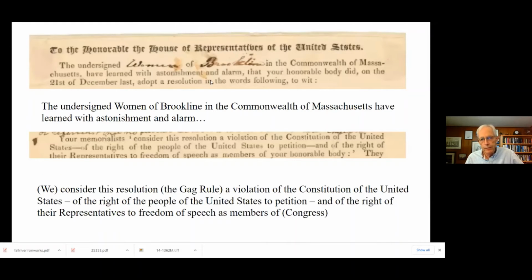So again, they fill in the blank, and I like that with their cut and paste petition. And they're considering the gag rule as a violation of the Constitution and of the rights of their representatives to freedom of speech as members of Congress, because their freedom of speech is constrained if they can't introduce petitions from their constituents.